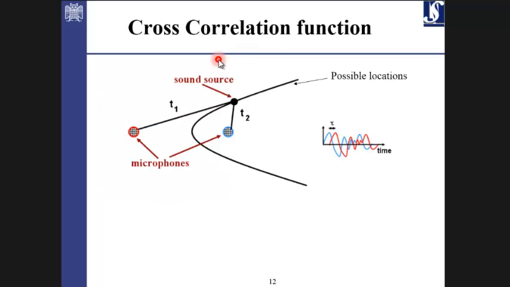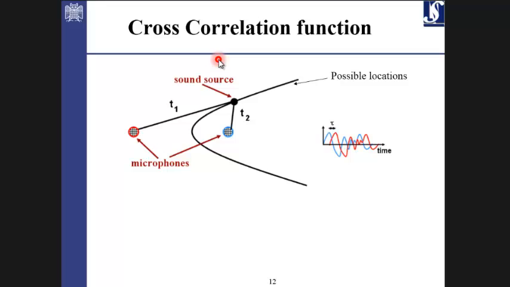In general, when you calculate these time differences of arrival, you need to calculate the cross-correlation function. You remember when we were talking about random signals and the cross-correlation stuff? We said that cross-correlation, if the signal is stationary, just depends on their time difference, on the lag.